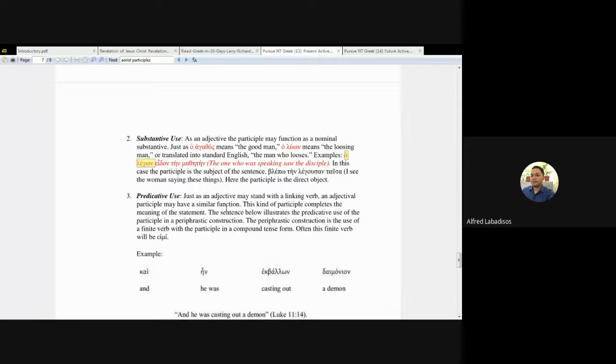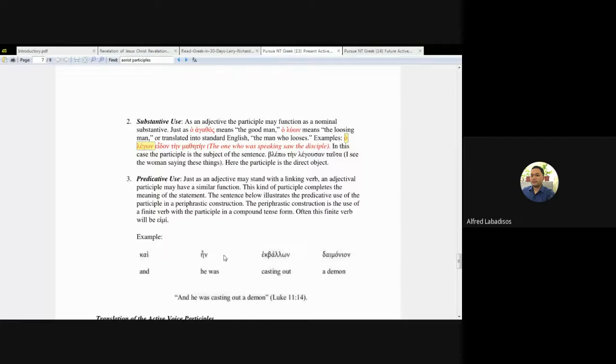Often this finite verb will be eimi. So you will know that a participle is in a predicative use: most often, it appears in a periphrastic construction.